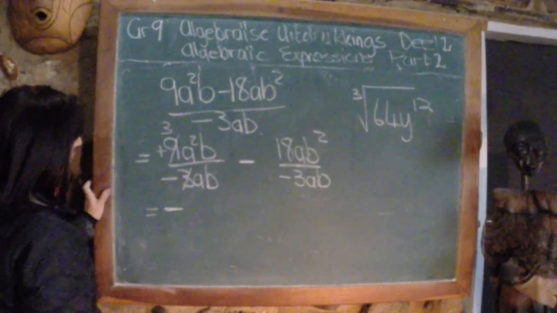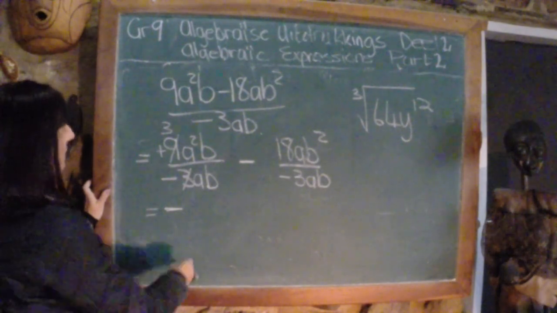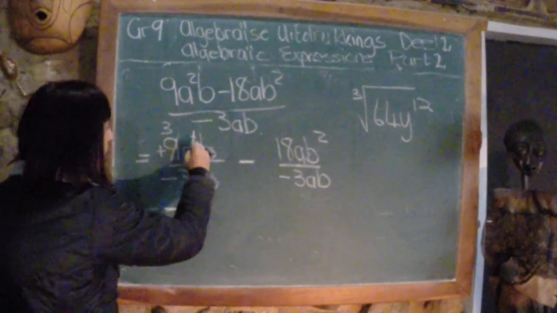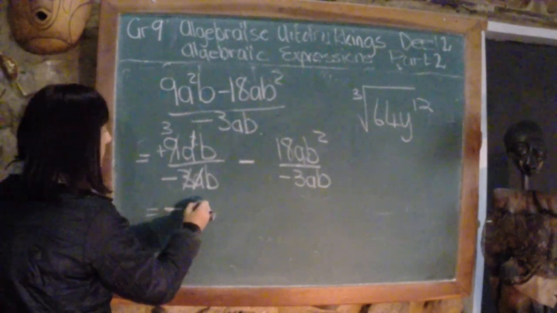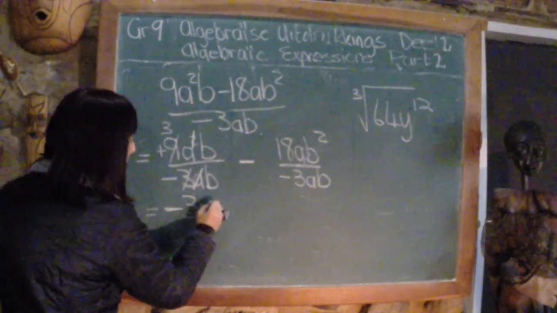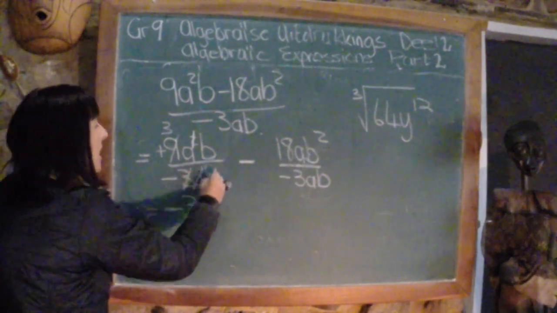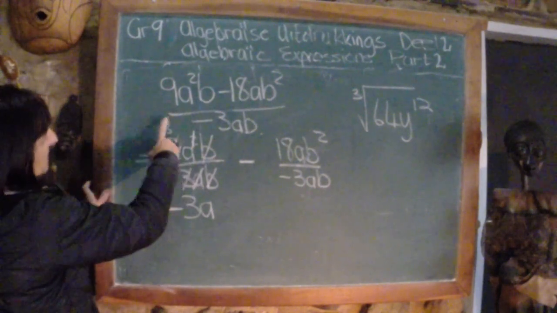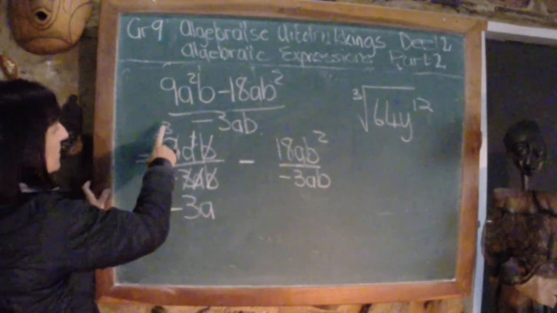There's 1a that cancels with 1a, so there's only 1a left at the top. And 1b cancels with 1b. So the answer is minus 3a.